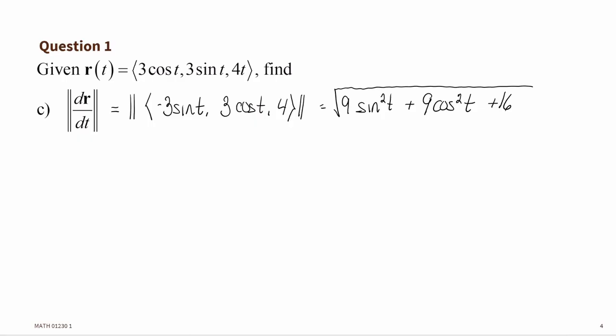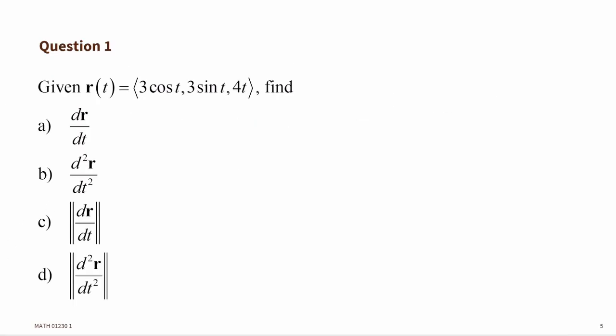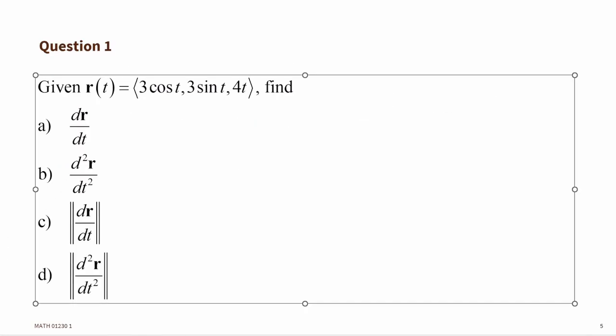Notice we have a 9 sine squared plus 9 cosine squared. That would just be 9. We're left with 9 plus 16, which is 25, so the square root is 5. And this just leaves us with one part left to do.